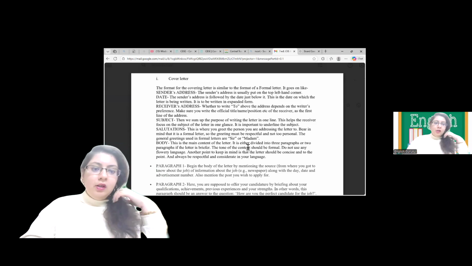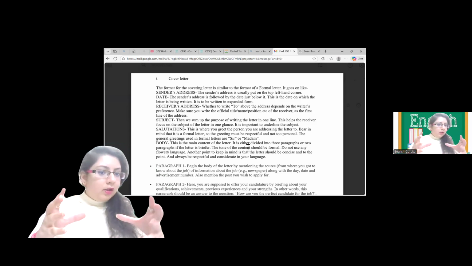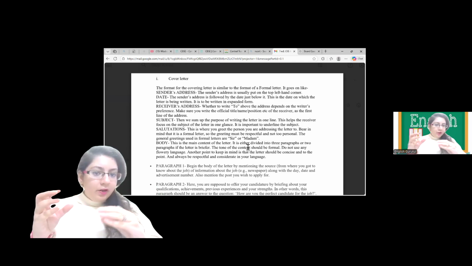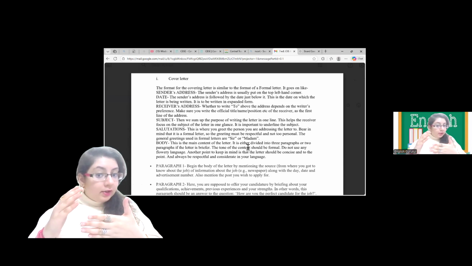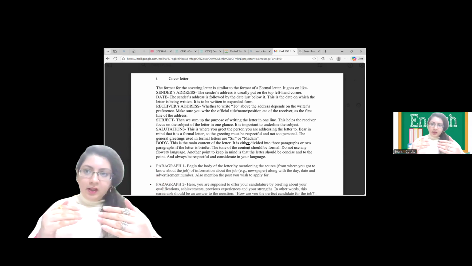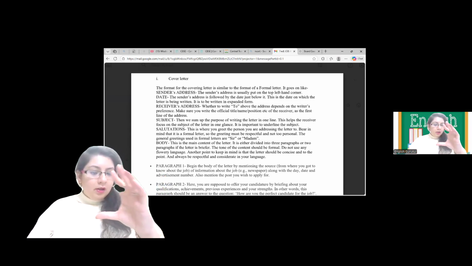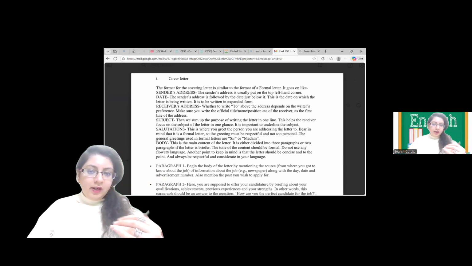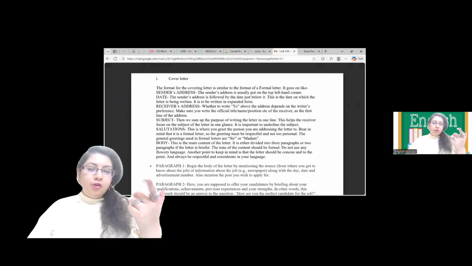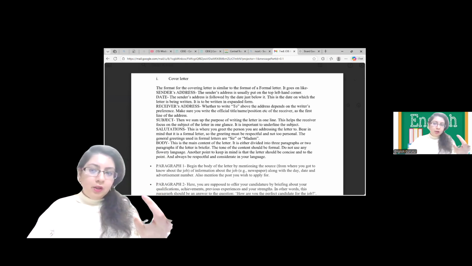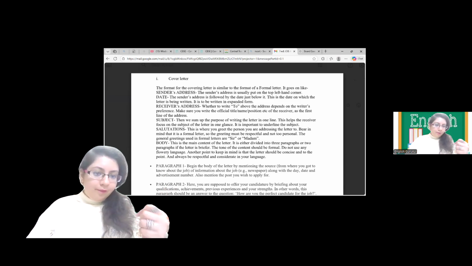Then we come to the body, which is the main content of the letter. It is divided into three paragraphs or two paragraphs. Ideally it should be three, but even if it is two, you have conveyed what you wanted to say, and that is okay.